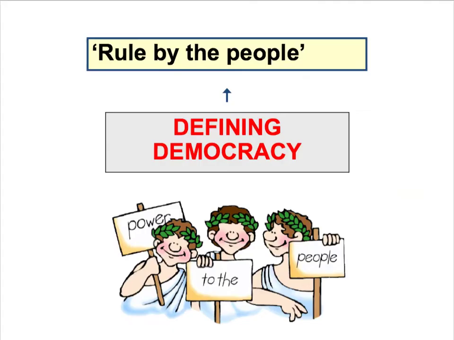So most modern political systems make the claim that they are democracies. So let's have a look at what that idea is meant to refer to. The concept of democracy goes back to the ancient Greek city-states, and the term democracy literally means rule by the people.